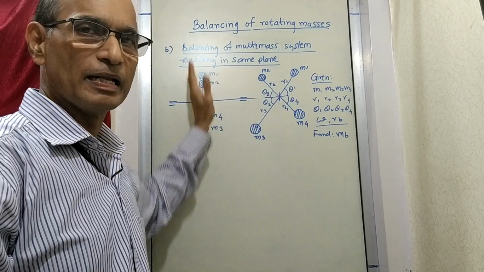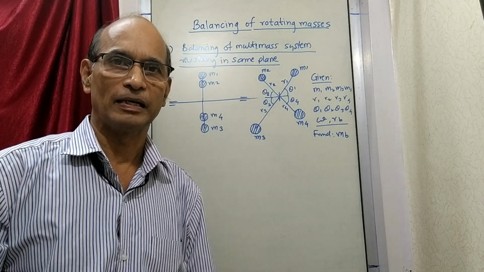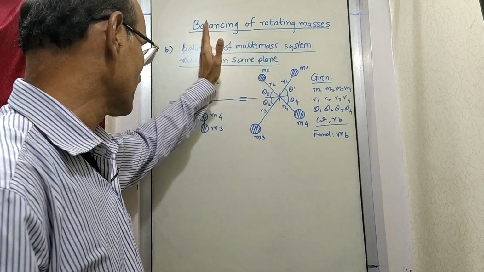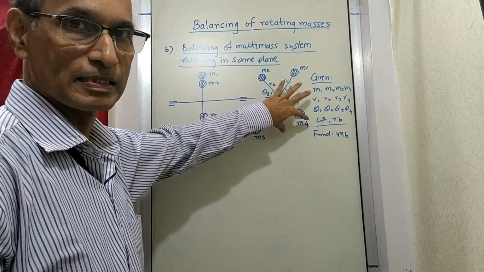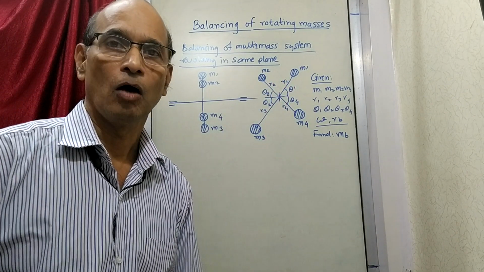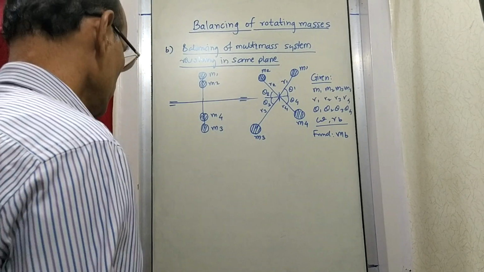We are only representing that they are in one plane. Approximately show them in proper position, not much accuracy required. So this is the situation. All the multiple masses are in a single plane, distributed like this with all the data given, and now we are going to balance this system. How do we do this? That is the thing to be solved.